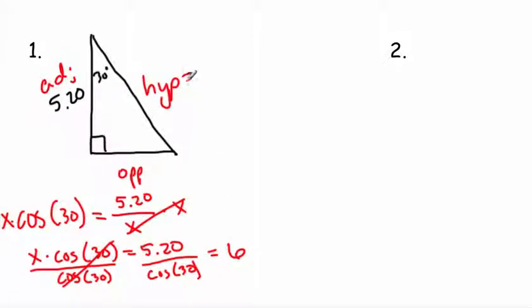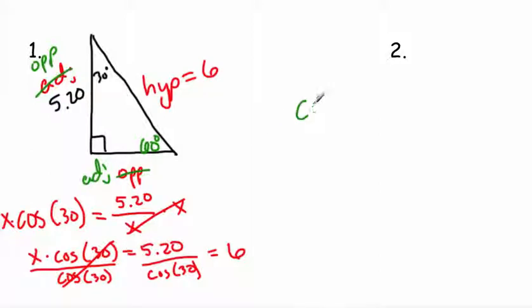So now that I know the hypotenuse is 6, again, I know that this angle right here is 60 because all these angles inside have to add to 180. So if I do this now, I switch these basically. This is going to be opposite and this is going to be adjacent.